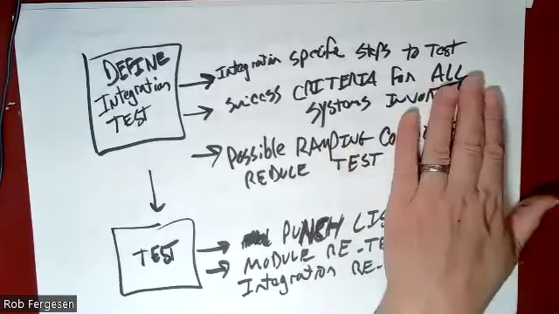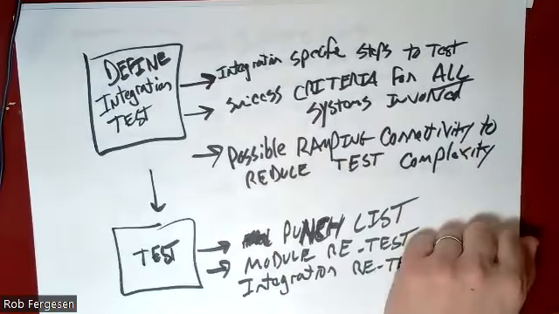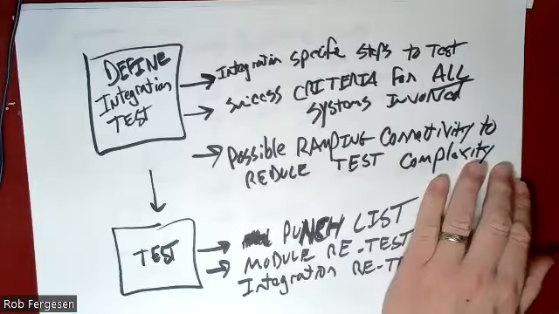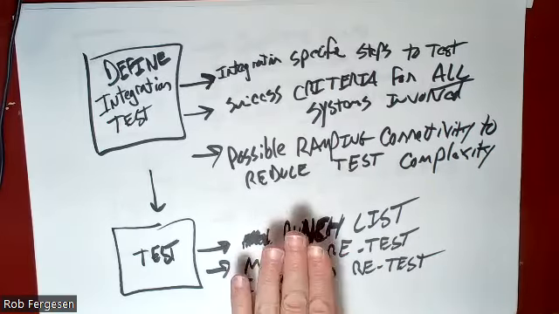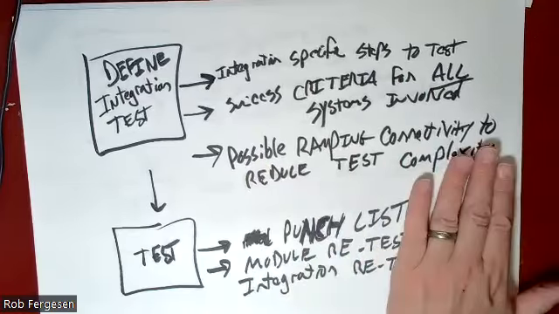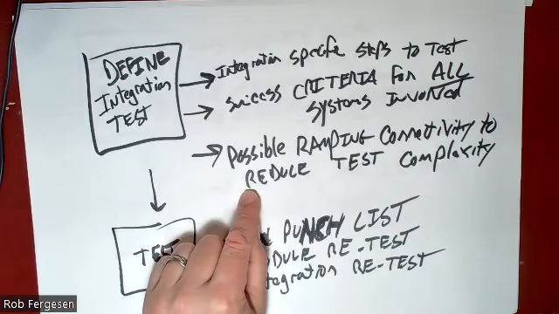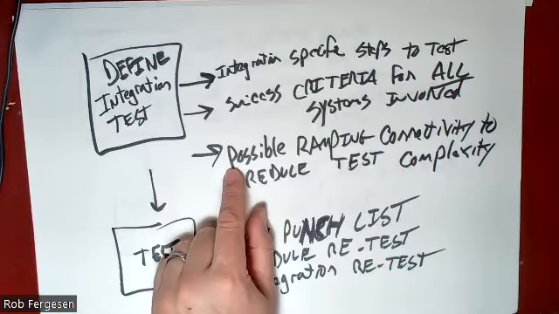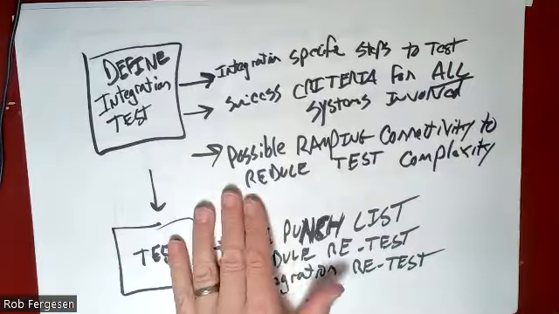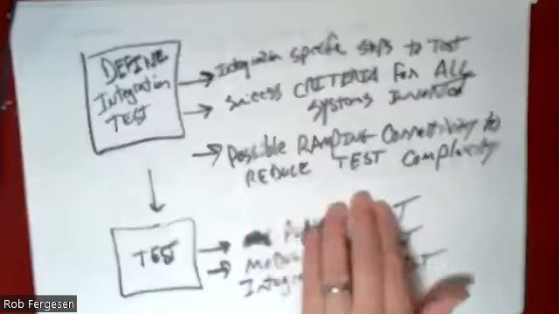And just like your module tests, for each integration test, you're going to have success criteria for all systems that you're integrated with. And you may have something called ramping connectivity. In other words, I may not connect everything all together at the same time and test everything all together. I may add one component at a time, one module at a time, and test that integration first before I add another module.